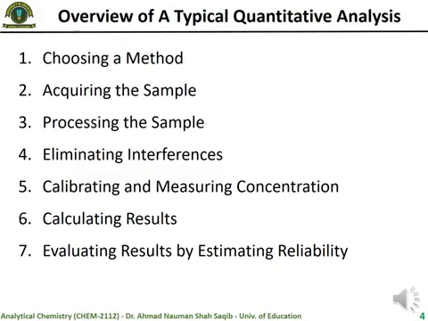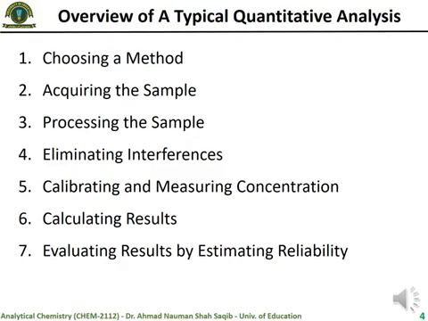and in certain cases the fourth step is eliminating the interferences. Sometimes there are some kind of interferent ions present in the sample that we have to remove before we perform the analysis. And the next step is calibrating and measuring concentration.